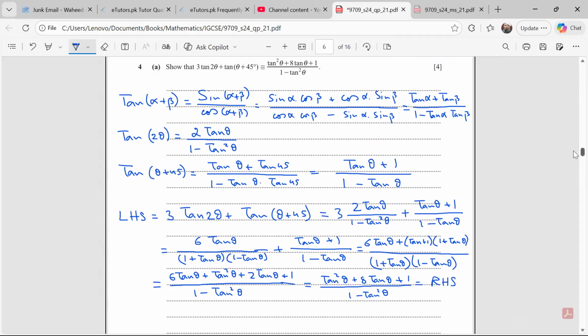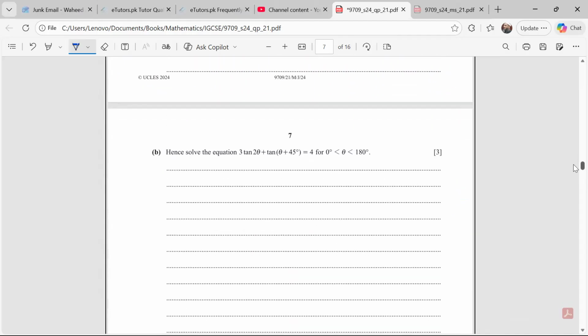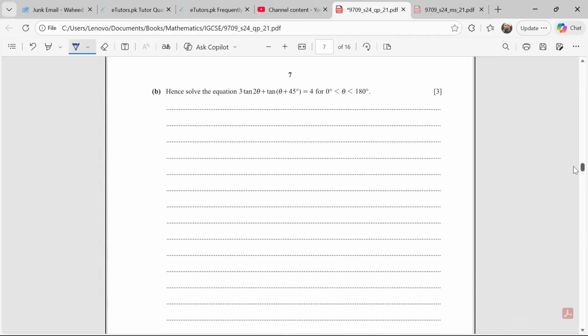Now let's move on to question B. Hence solve the equation. So this left side, we just saw that this is, let me write it again, 3 tangent 2 theta plus tangent theta plus 45.